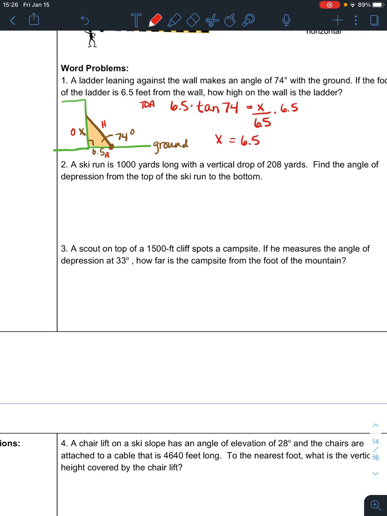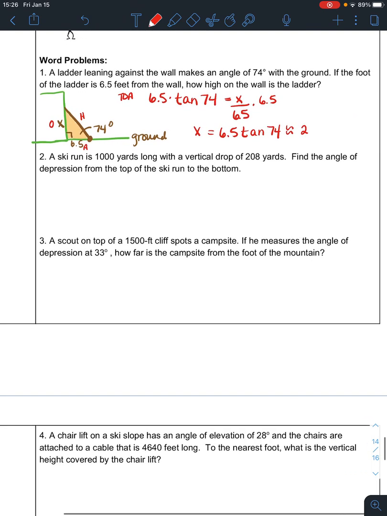So X is equal to 6.5 times the tangent of 74, which is approximately, as all of our trig answers are going to be approximate answers, 6.5 times the tangent of 74. Make sure your calculator is in degrees, and you get that the ladder is going to reach 22.7 feet. I didn't say what to round to, but since there's one decimal place in the problem, we'll go ahead and round to one decimal place. So it's going to reach 22.7 feet up the wall.